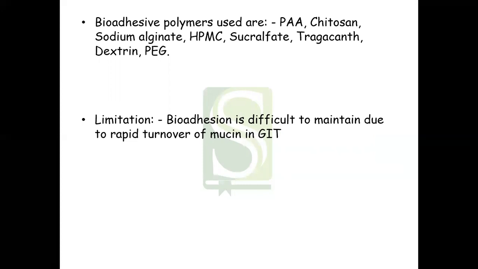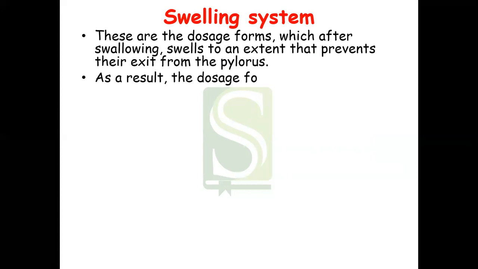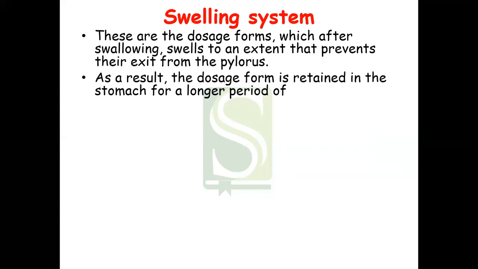The limitation of the system is that bioadhesion is difficult to maintain due to the rapid turnover of the mucin in the GIT. The next non-floating approach is the swelling system. These are the dosage forms which, after swallowing, swell to an extent that prevents their exit from the pylorus.